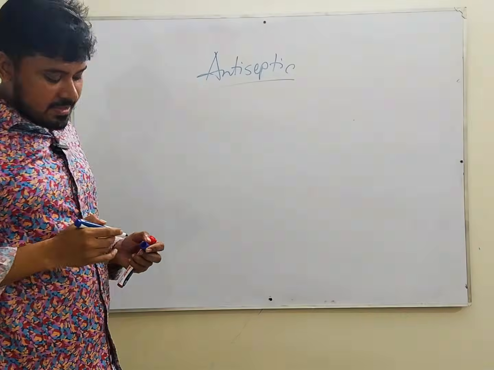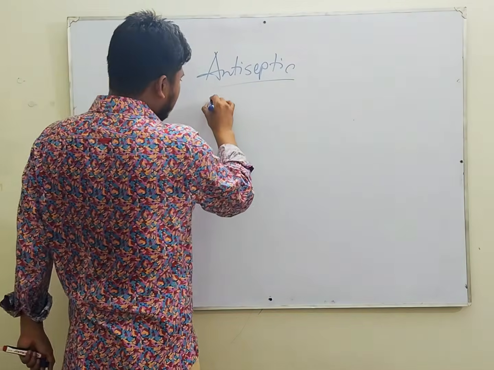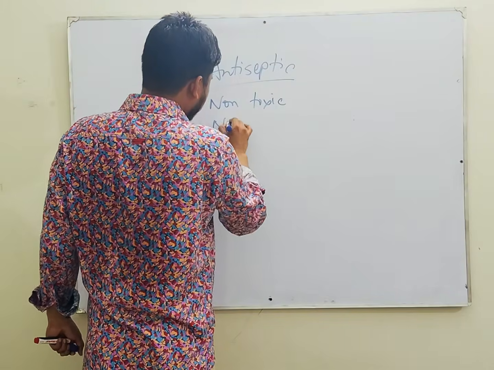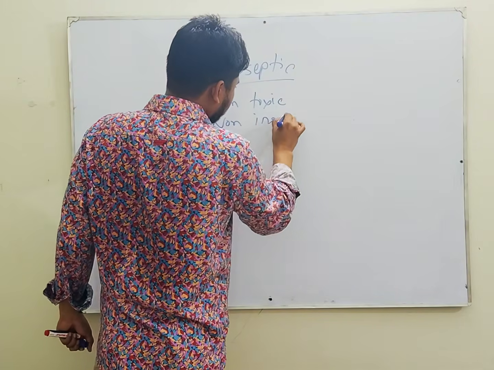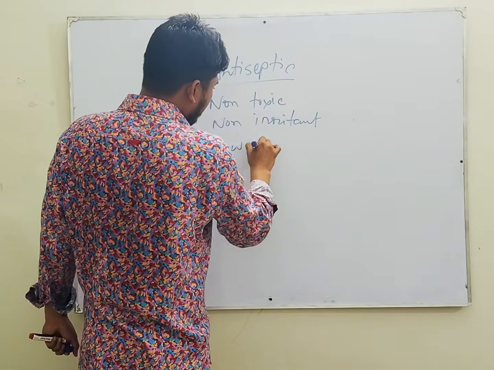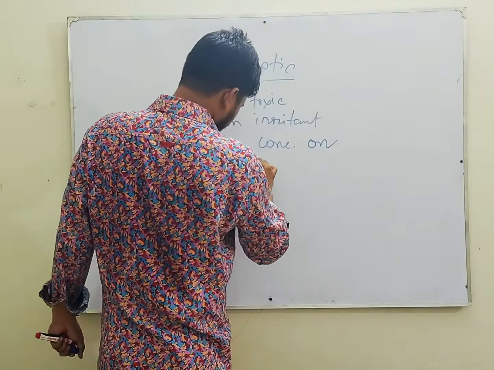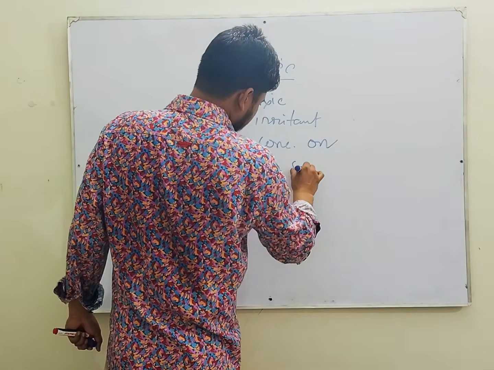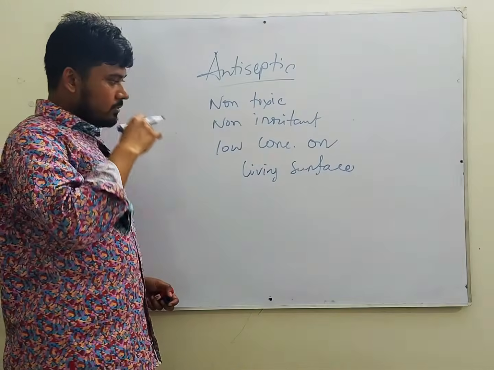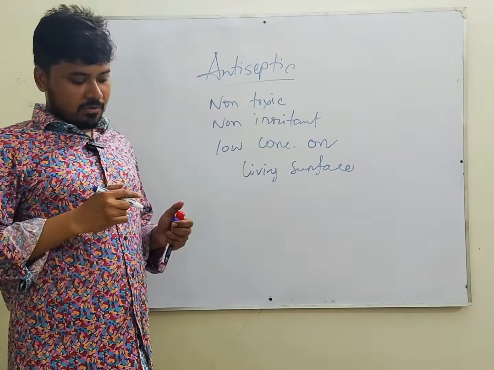Then come to antiseptic. Antiseptics are mild chemicals which are non-toxic, non-irritant, used at low concentration on living surface to destroy microorganisms or inhibit growth of microorganisms.